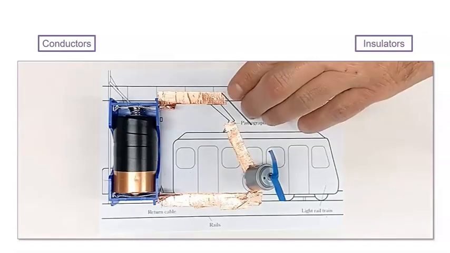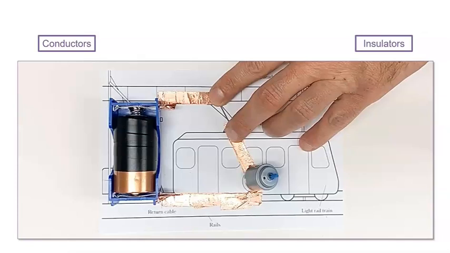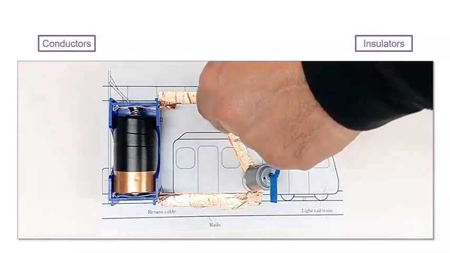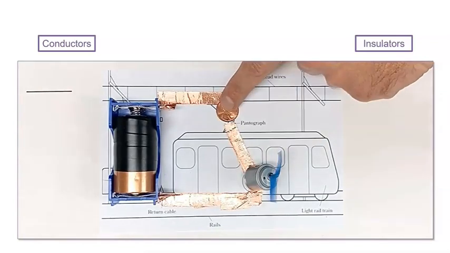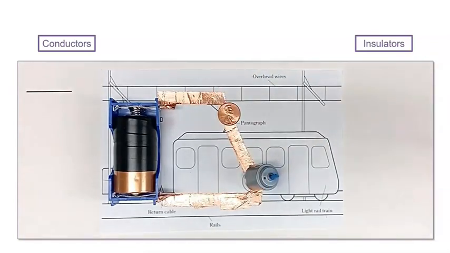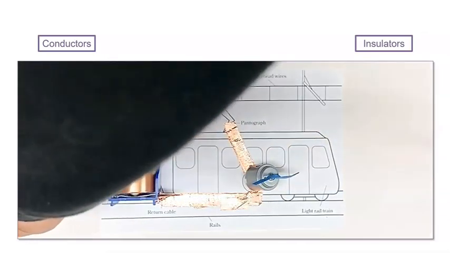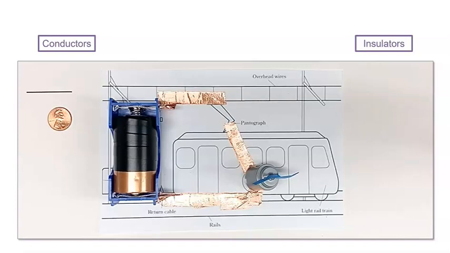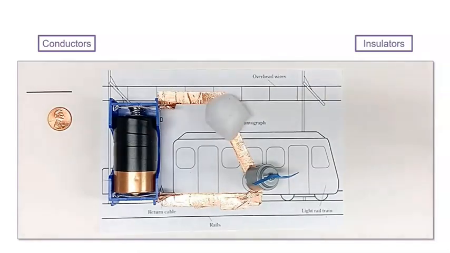First, we'll test the pencil lead. Pencil lead is made of carbon. Now, the copper penny. What's next? Oh, the cotton ball. It's made of cotton, right?